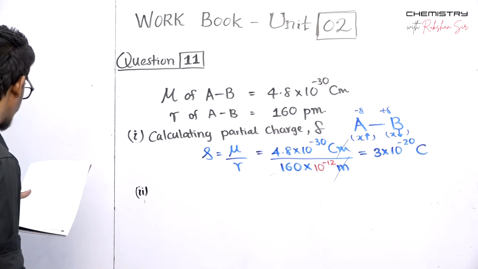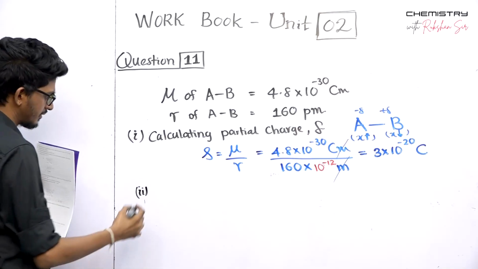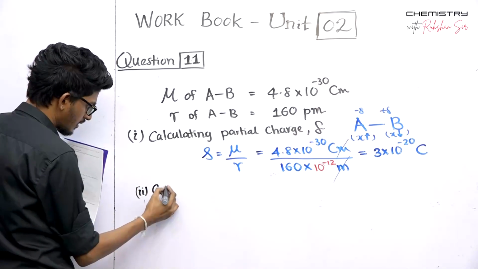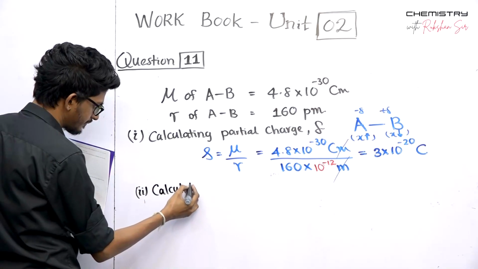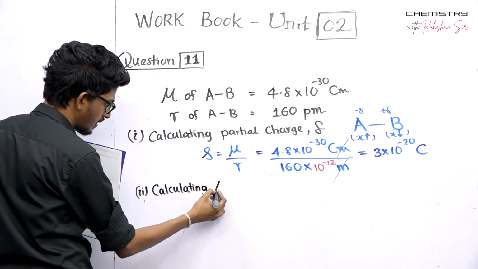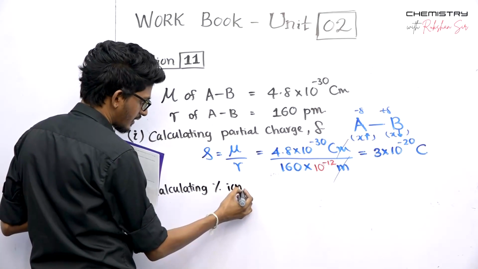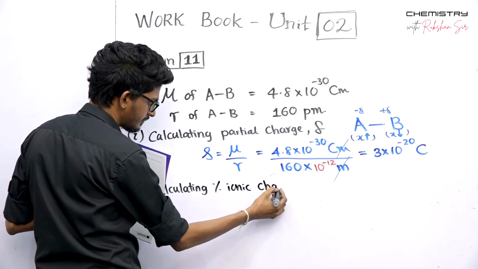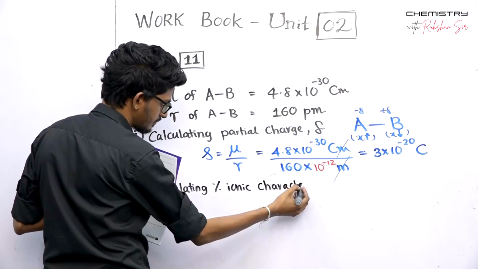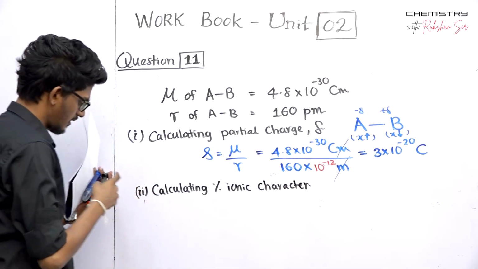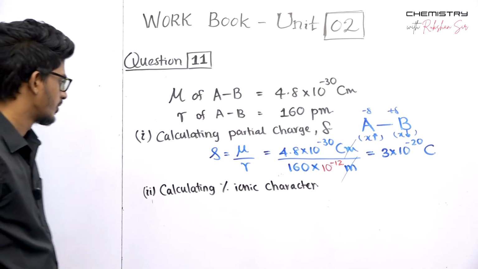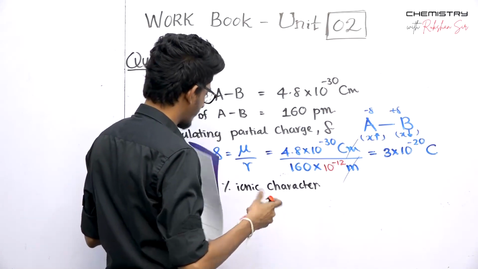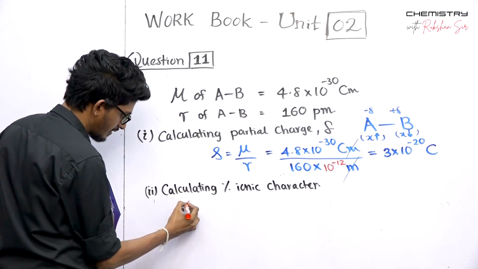So the second thing they are asking, calculate the percentage ionic character of the bond. So calculating percentage ionic character. What is that?